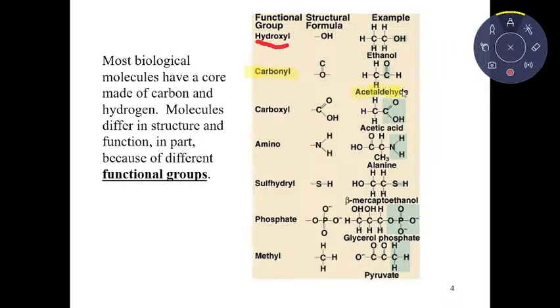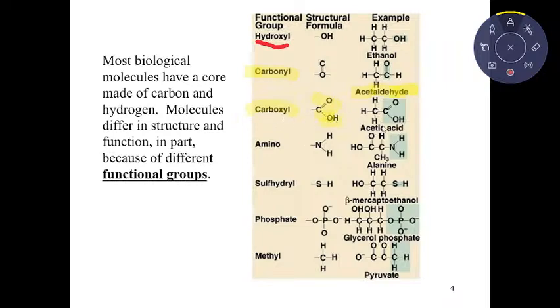Acetaldehyde normally has two carbons, but for one carbon the carbonyl group is attached, C double bond O. And next, another group is the carboxyl group. C is connected with a double bond to O and one bond to an OH group.